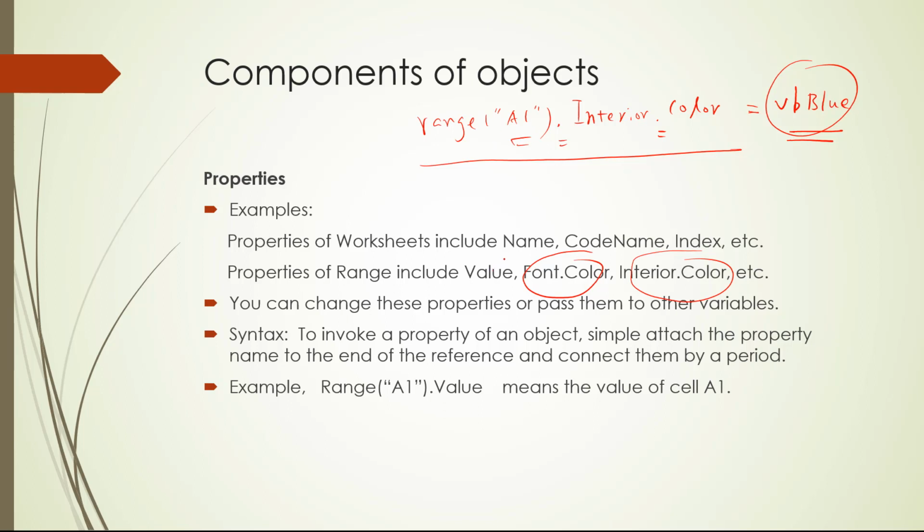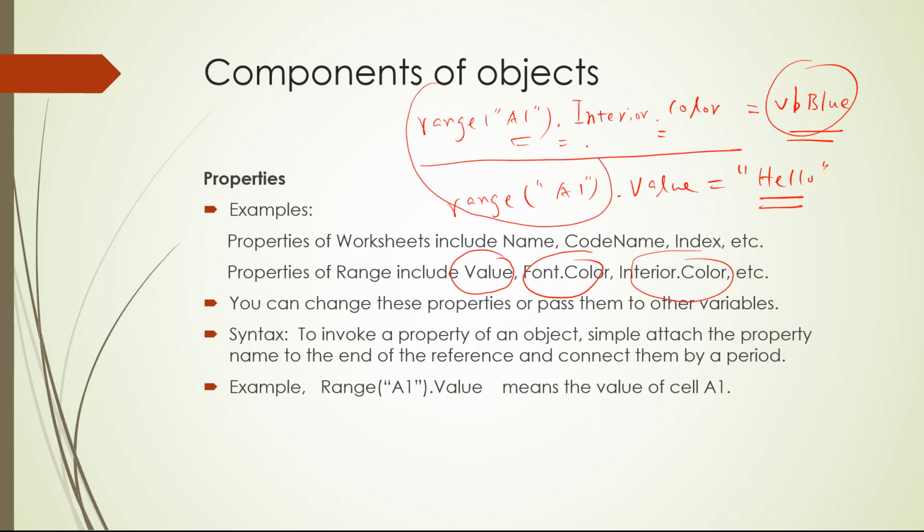And the other thing, of course, is that you can also change the content of cell A1. You can say, let's change the content of A1 to something, say hello. If you do this, then you're changing the content of A1 to hello.